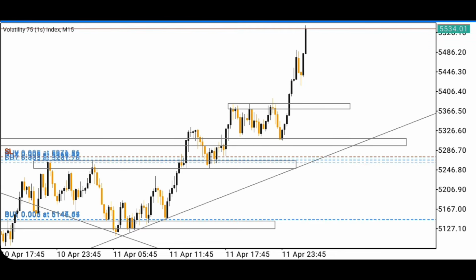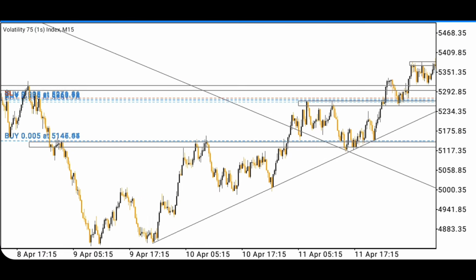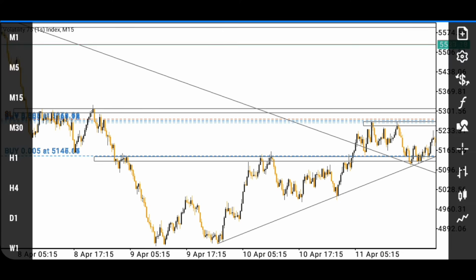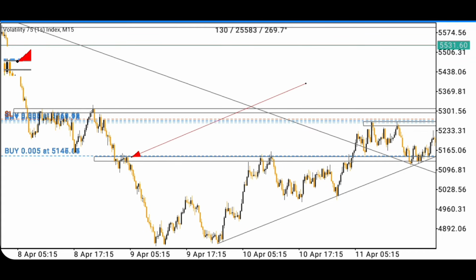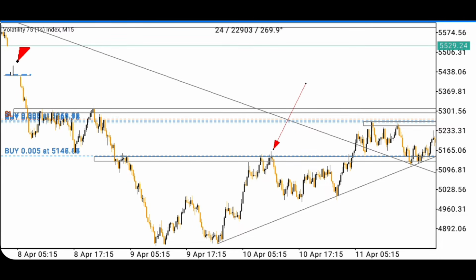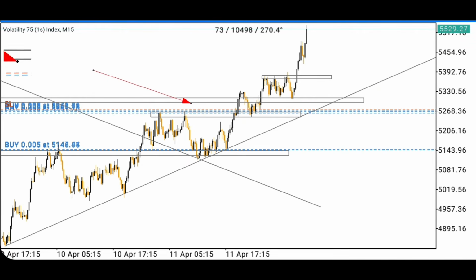If you go over to the 15 minutes time frame, you can see this much clearer. You can see that there was a resistance right here that was respected a couple of times. There's this resistance that the market now had broken out of and come to retest.